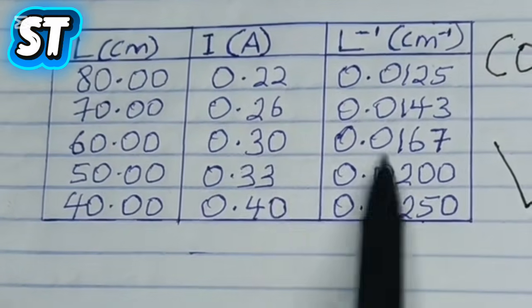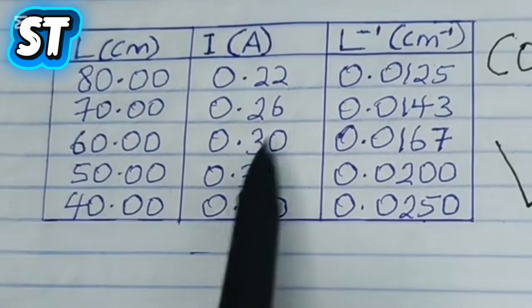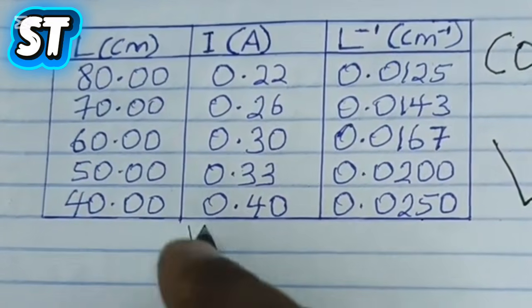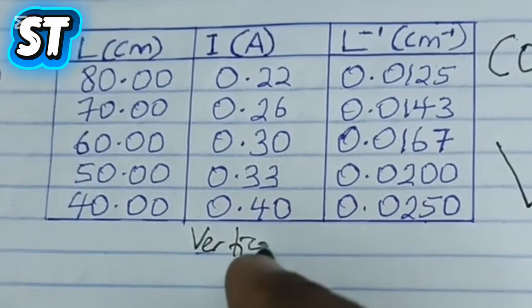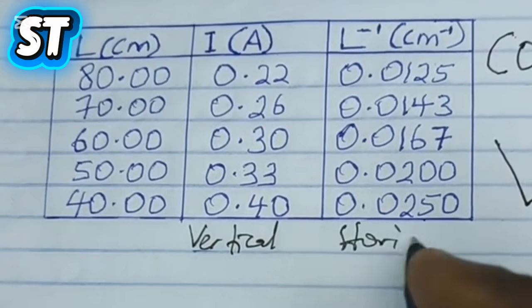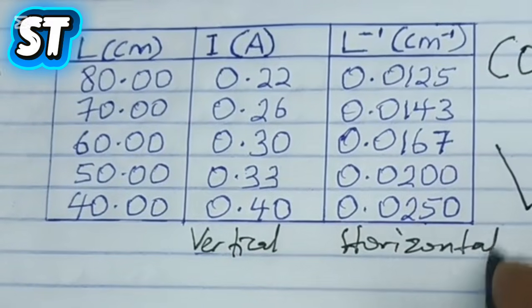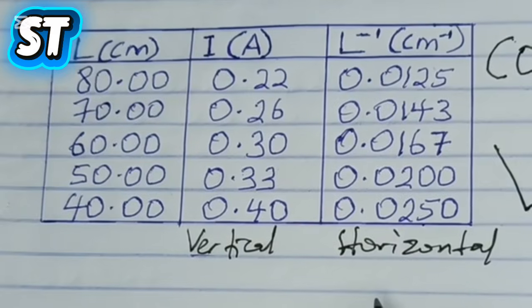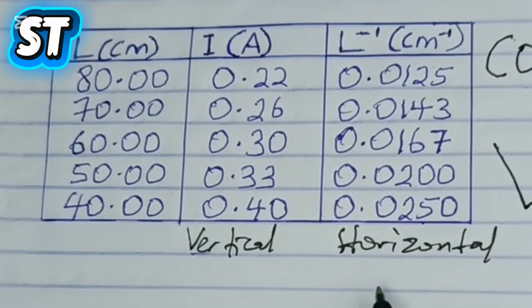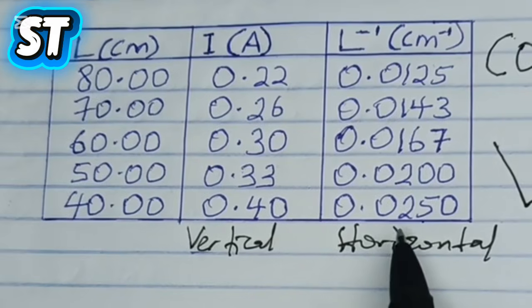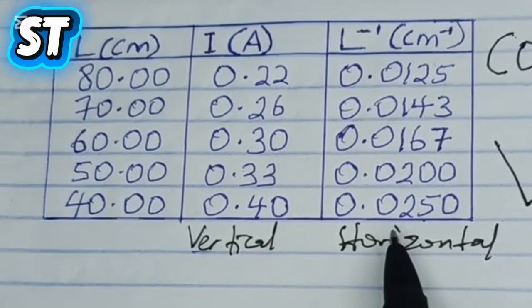Let's take this as an example. If the question says this should be plotted on the vertical, just for example, and this should be plotted on the horizontal, what you have to do to scale is this. I have a golden method. The first thing you have to do is make sure that your highest value is divisible by 5.